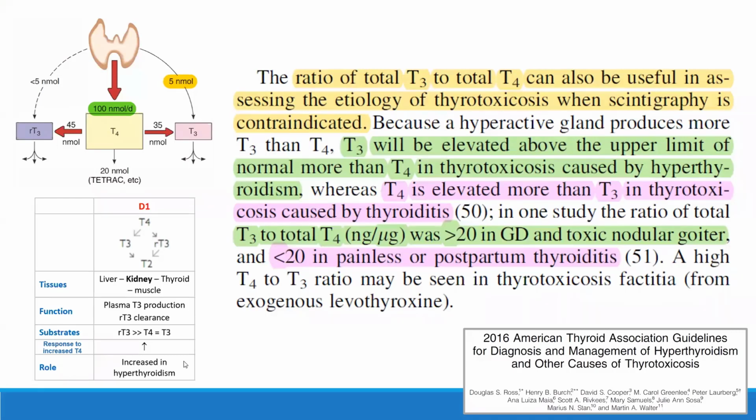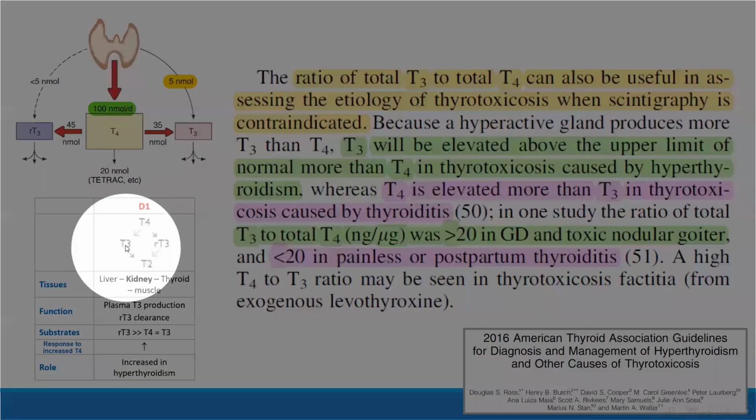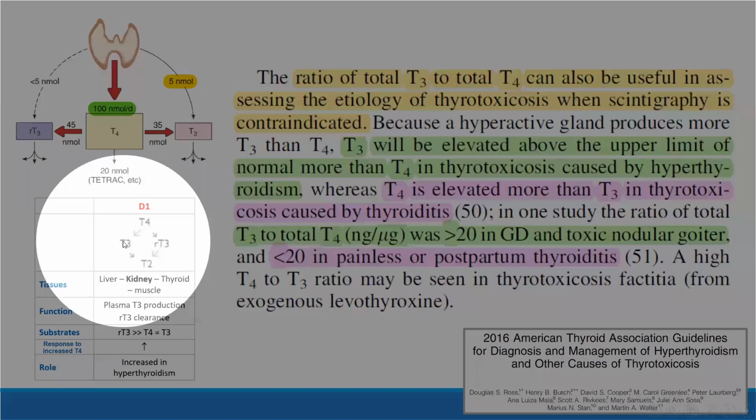And as I mentioned, why is T3 more in the case of Graves' disease and toxic nodular goiter? Because, as I mentioned previously, deiodinase type 1 is elevated, activated in hyperthyroidism, which is responsible for conversion of T4 to T3. So T3 will be more than T4 in Graves' disease and toxic adenoma.